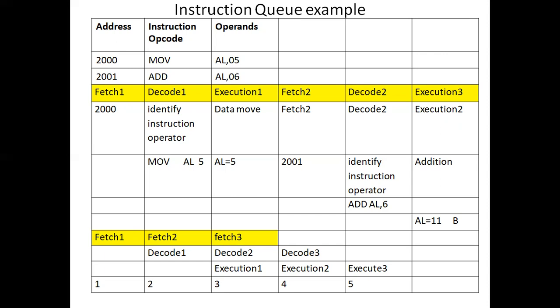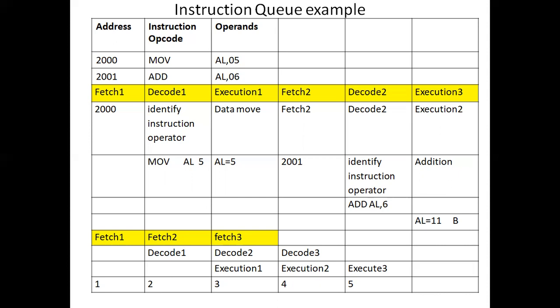In the execution, it will add AL with 6. In this way, the second instruction completes its execution and the result will be saved into the AL register. So AL will be modified by the new value, that is 11 in decimal and B in hex. This is the way the 2 instructions will execute without instruction pipelining.